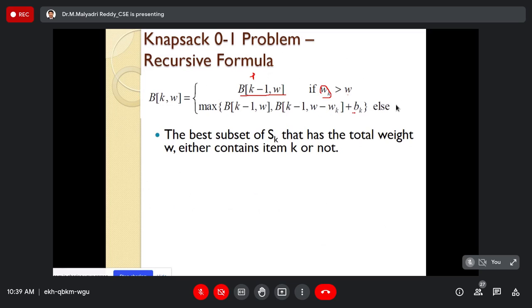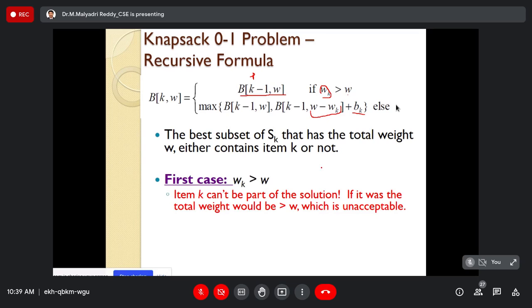Whenever we include that object, the corresponding benefit will be added to the corresponding subset solution. At that time, we get the better solution. So every time we need to check whether the profit satisfies the constraints or not. This is the algorithm tracing problem.